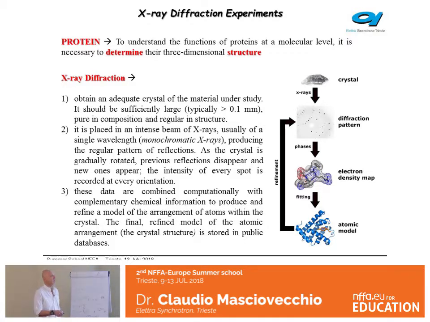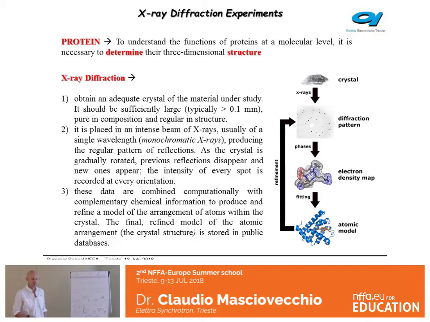If you have a given distribution of electrons in your plane, then you will have this point here, or this point here, and so on and so forth. So you can reconstruct the electron density map. Once you reconstruct it, you have an atomic model, because you know how the electrons are distributed. Then you see if the atomic model produces this diffraction pattern. So far, so good.